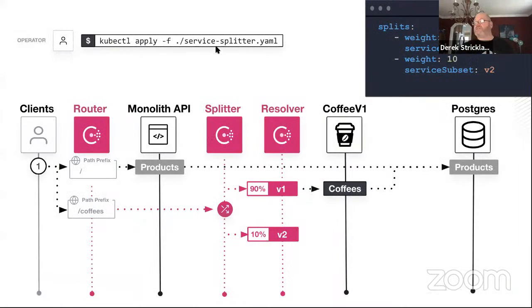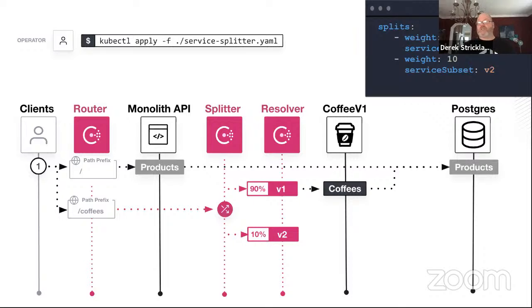Then when we apply the service splitter, we'll put a weight on each version of the services. We'll say send 90% of the traffic to the subset V1 and send 10% to V2, because maybe we would want 97.3 or 99.1, but either way, we split it some way so that we can see what happens when we start routing traffic to V2.